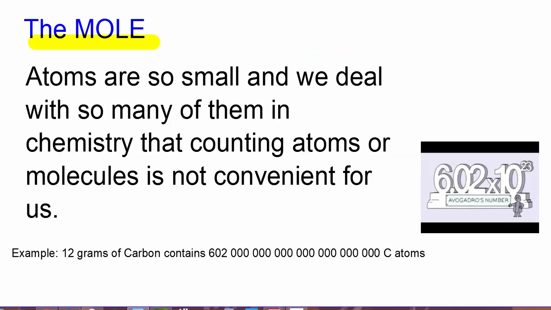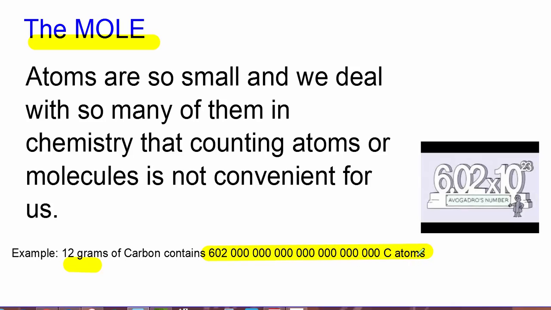So we know that atoms are incredibly small, and we deal with atoms and molecules in chemistry all the time. Because they're so small, counting atoms or counting molecules is not very convenient for us because we're talking in such huge numbers. For example, if you think about 12 grams of carbon, which is not that much carbon, 12 grams of carbon contains this number of carbon atoms.